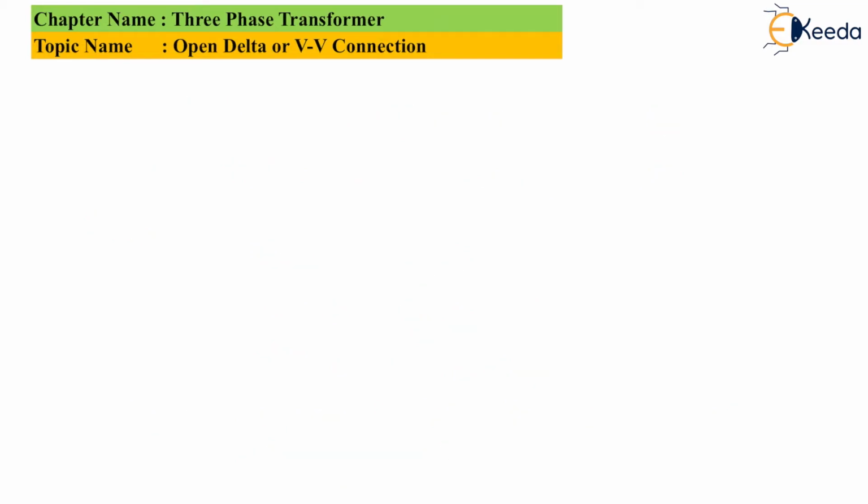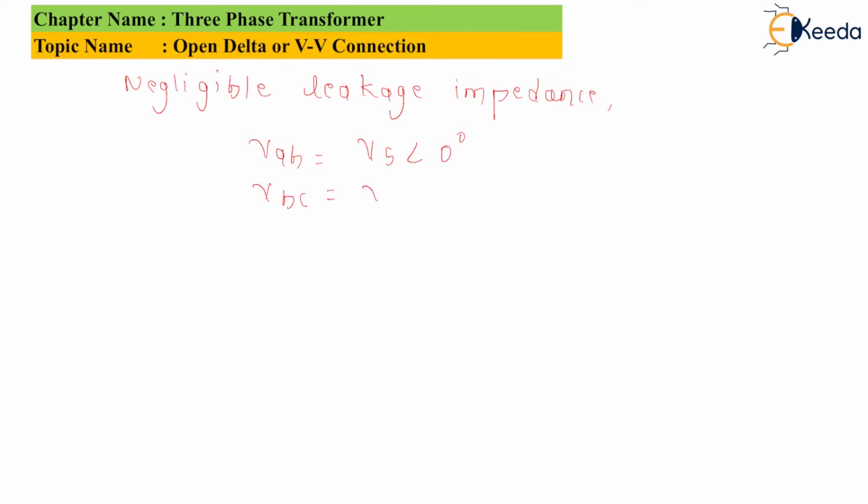Now if we consider that the leakage impedance of the transformer is negligible, then we can write vab is equal to VS at an angle of 0 degrees, whereas vbc is equal to VS at an angle of minus 120 degrees. So here again VS is nothing but the magnitude of the secondary voltage.